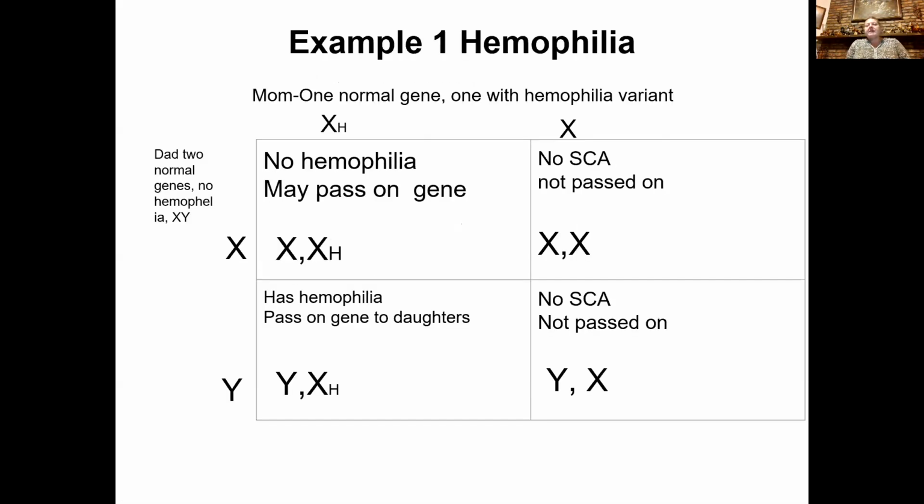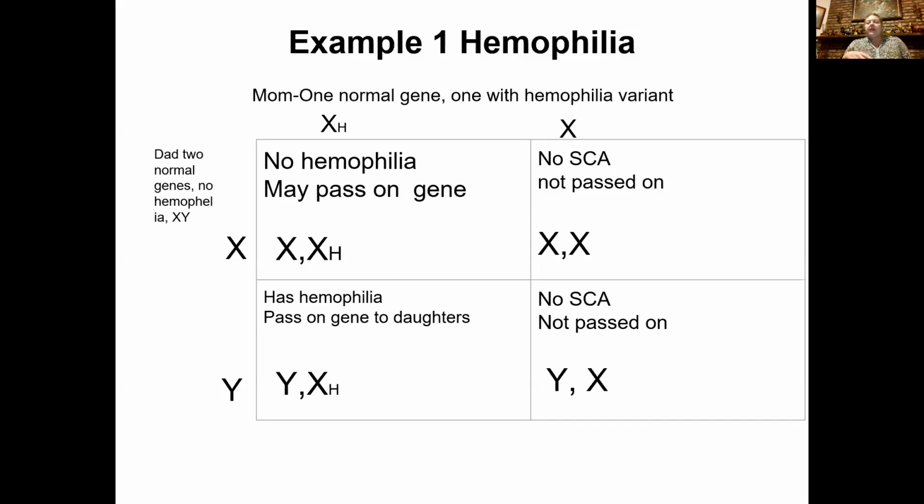All right, our first example of this, and they can also be called sex-linked disorders. And this is particularly an X-linked disorder. And there are other disorders that are known to occur on the X chromosome.